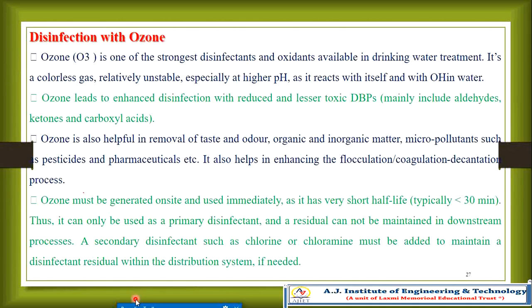Now we will come to the disadvantages of ozone. Just listen. Disadvantages of ozone. Because of its toxicity, this chemical needs to be constantly monitored, very continuously monitored.